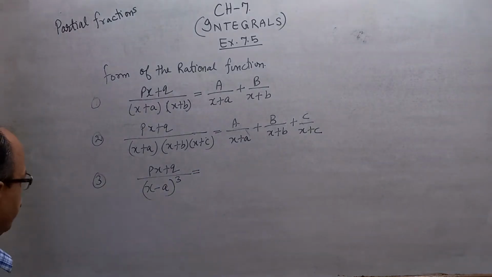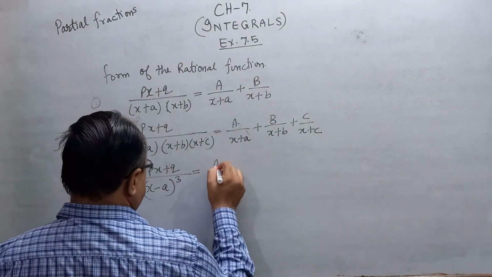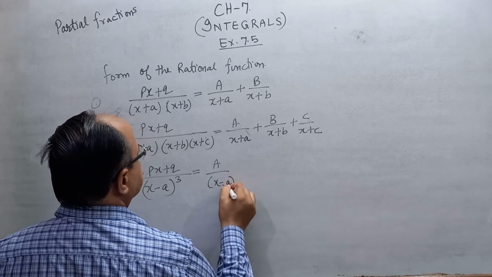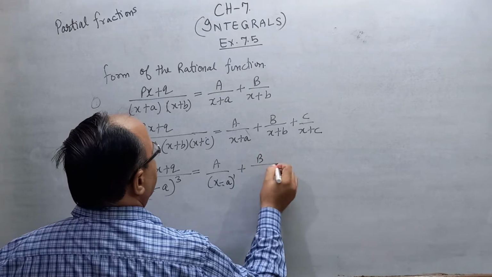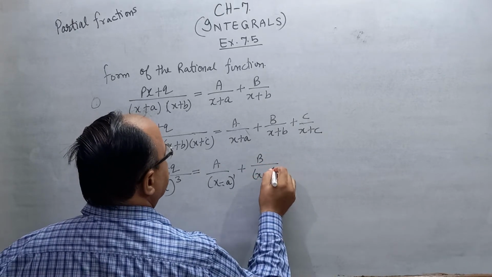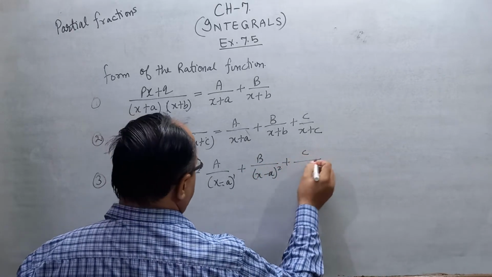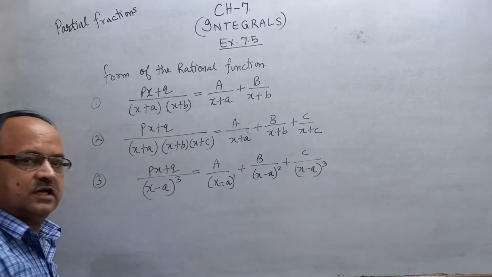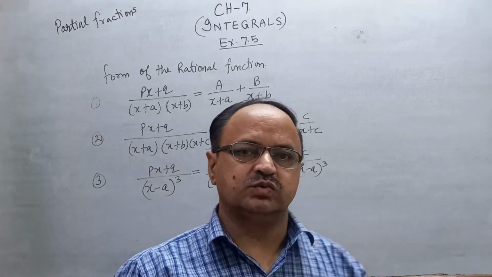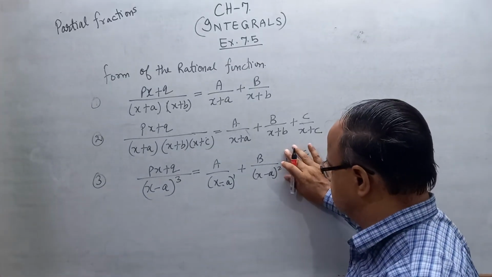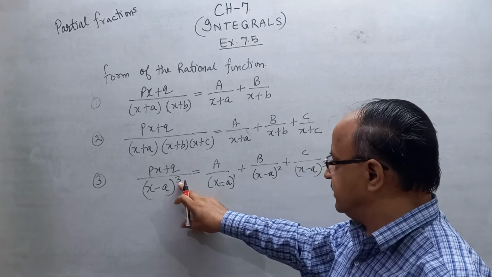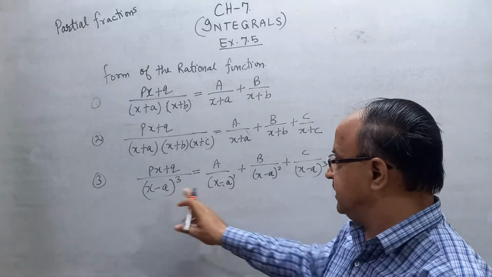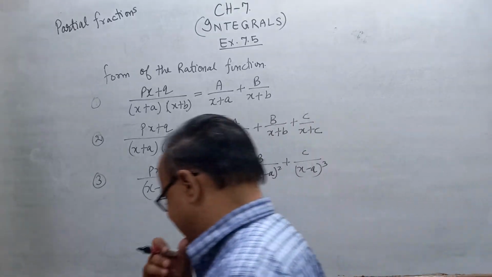You can break this like this: a upon x minus a power 1 plus b upon x minus a power 2 plus c upon x minus a power 3. Clear? If your power is 2, then you can break up to this: a upon x minus a plus b upon x minus a square. If power is 3, then you can break up to this.